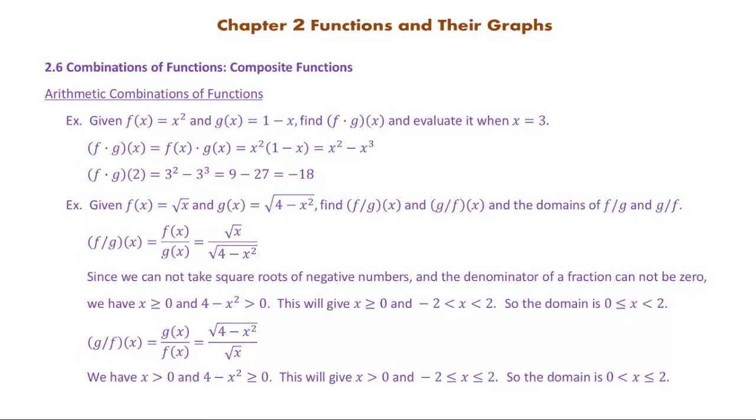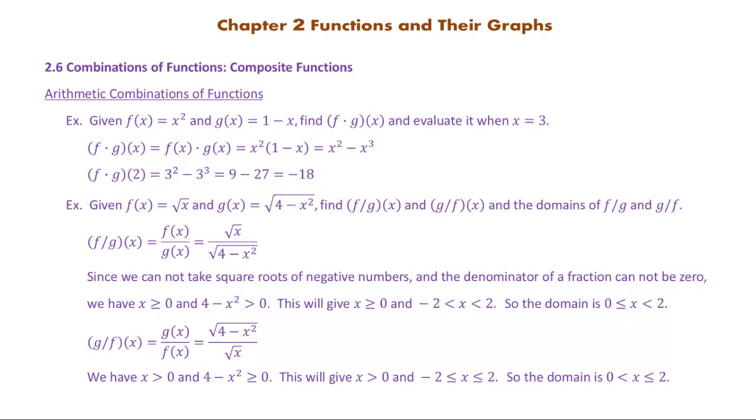And in the denominator, we need x greater than 0 so that when you take a square root, it makes sense, and at the same time it cannot be 0 because it's in the denominator. So in this case, we don't have equal in x greater than 0 in the denominator.